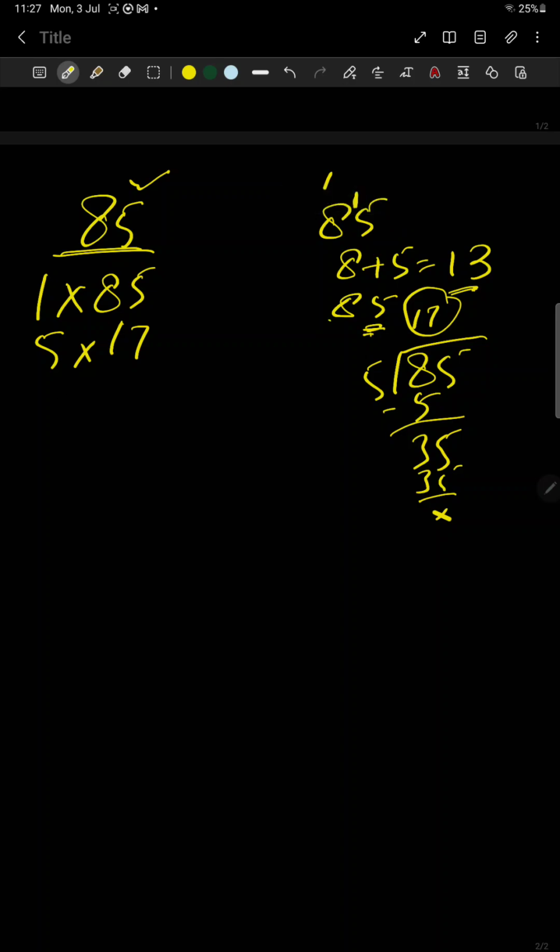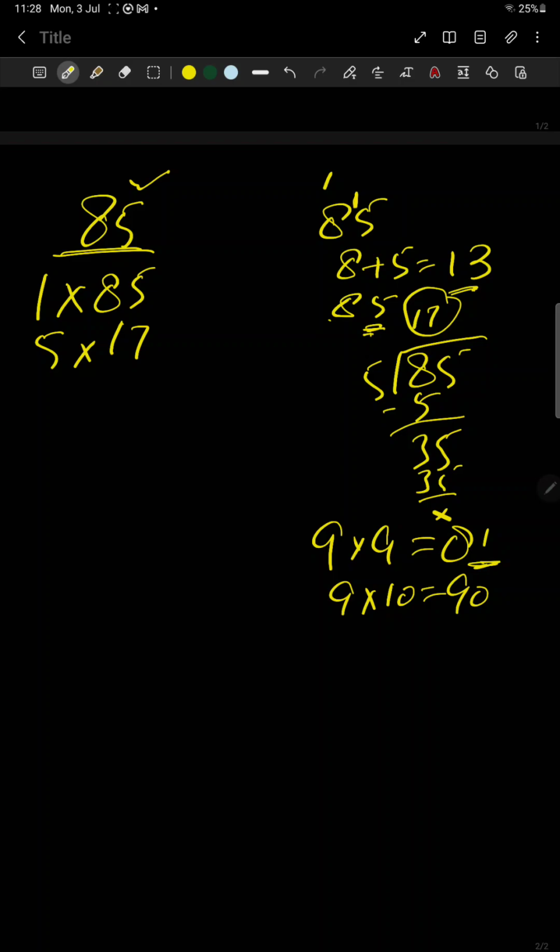8, it is not divisible by 8 because it is an odd number, so we are not going to check further. 9 tens are 90 and 9 nines are 81, so it is not coming in between. 85 is in between. 9 nines are 81 and 9 tens are 90, so 85 cannot come.